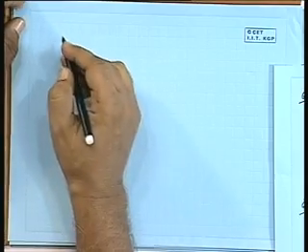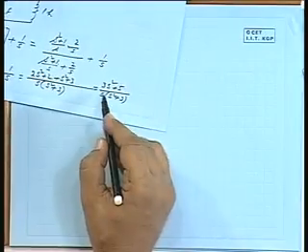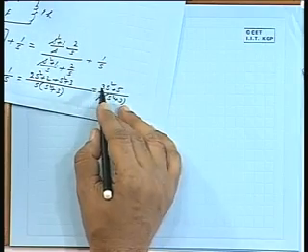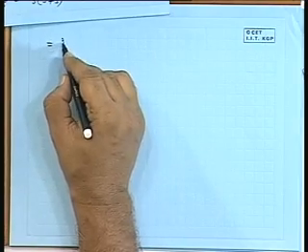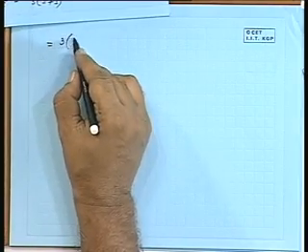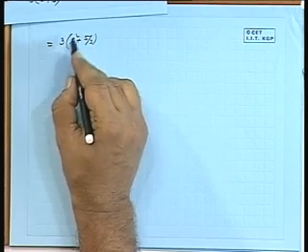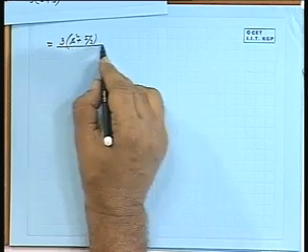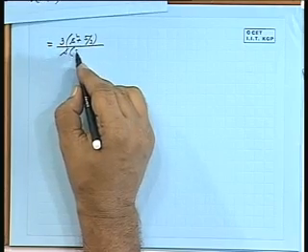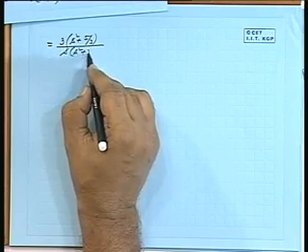Okay. So, what will be the canonic form? I can write 3 into (s squared plus 5 by 3) divided by s into (s squared plus 3).